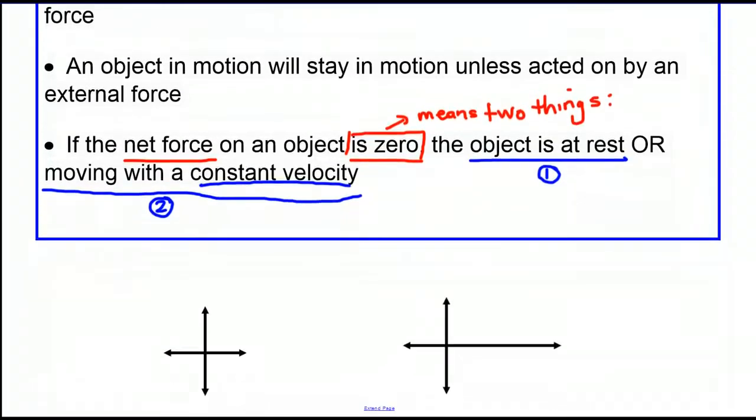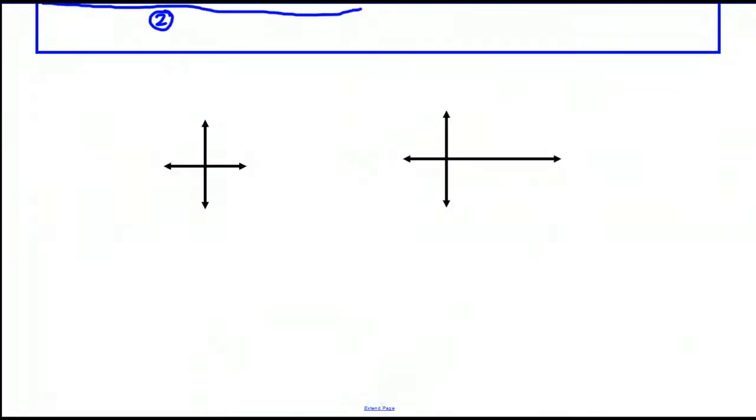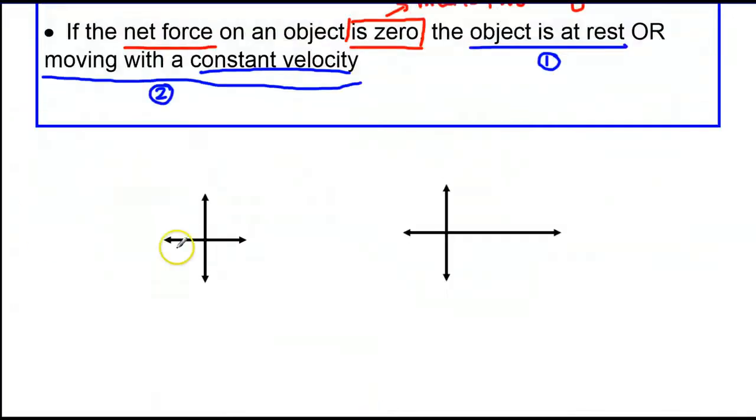Okay, so if we think about our free body diagrams that we just drew, remember I said that how long our line is, our vector force line, tells us a little bit about the amount of force that's acting on it. So if this line is the exact same length as this line, it usually means they're balanced out. So we try to draw our free body diagrams so that if they're equal on both sides, the lengths of those lines should be equal.